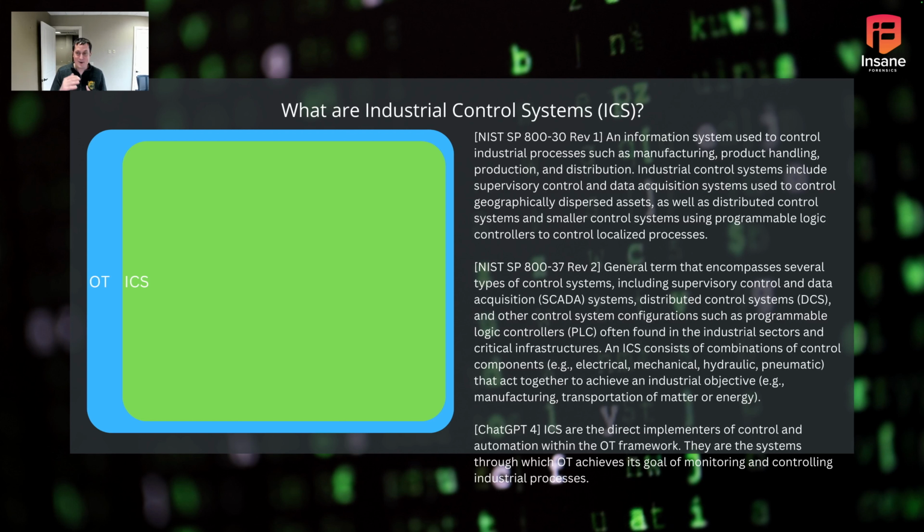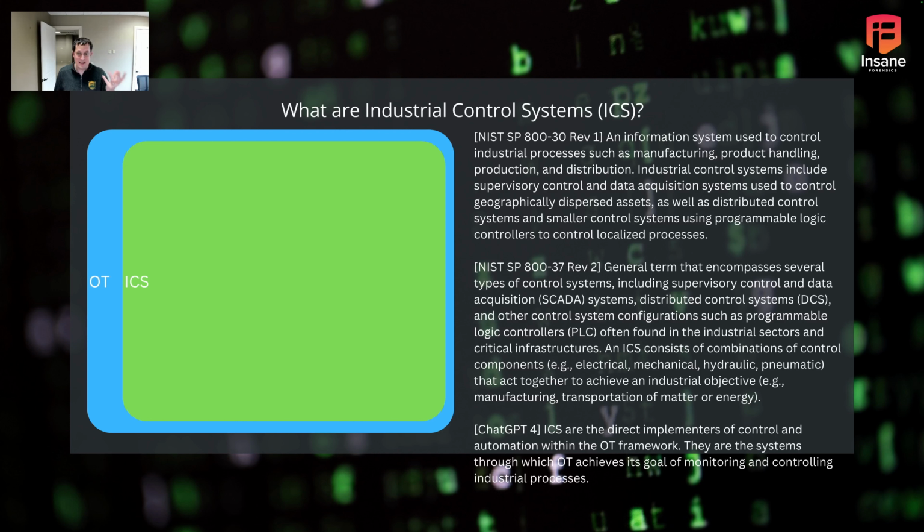ICS really is that combination of all of the control components: your electrical systems, your mechanical systems, maybe it's moving water, maybe it's moving heat, acting together to achieve an industrial objective. If you look at GPT-4, what's interesting is that ICS are the direct implementers of control and automation within this framework.